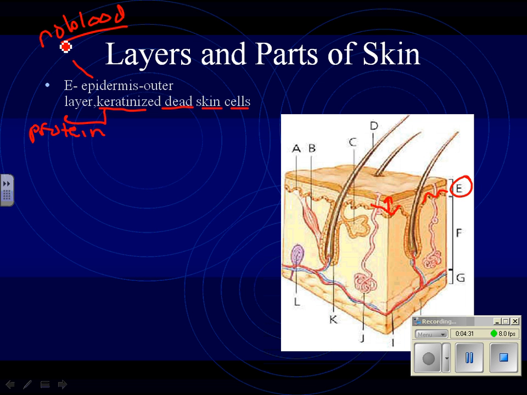So these cells, as they grow, as they do mitosis and get pushed further and further up, they get farther and farther away from any blood supply, and so they die and they dry out. And as they lose moisture, they produce keratin. Keratin is a protein that if you feel your fingernails and your hair is very thick and tough, and it forms this impermeable layer.